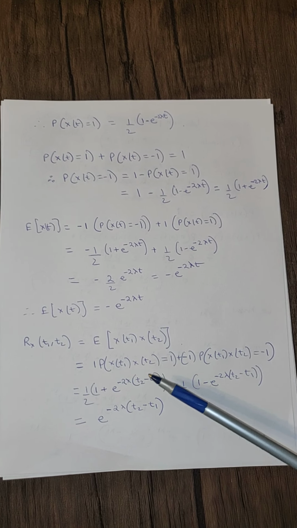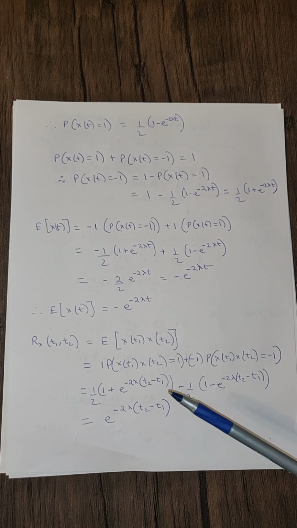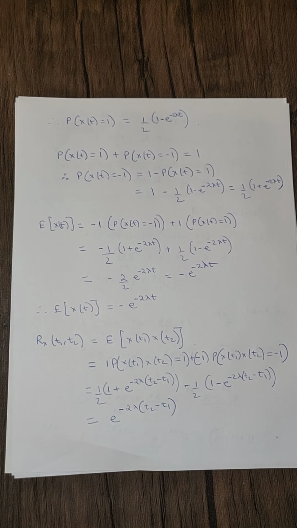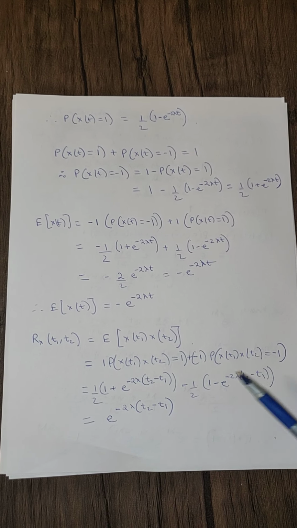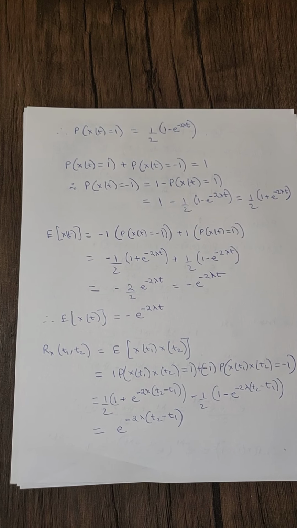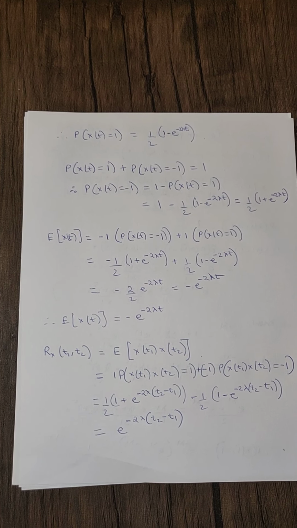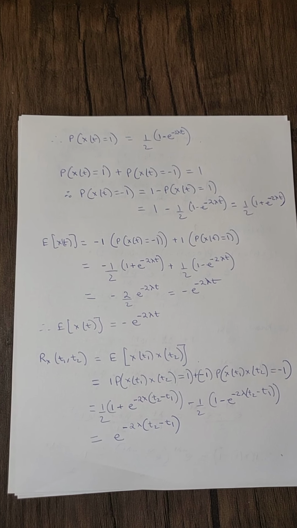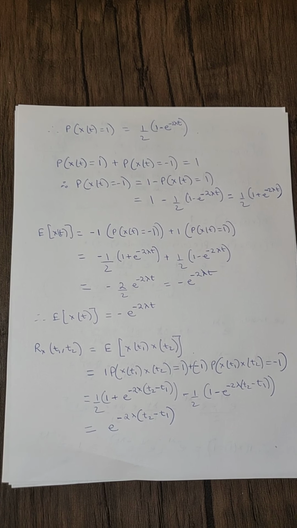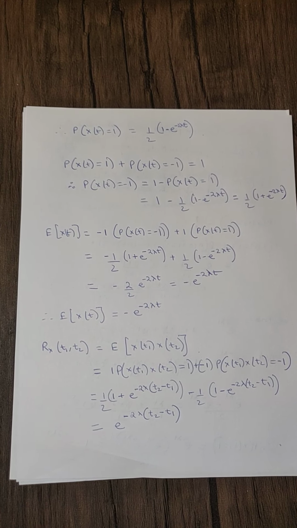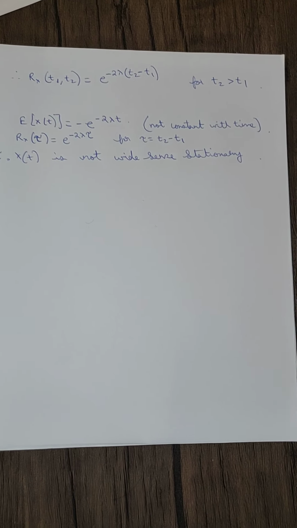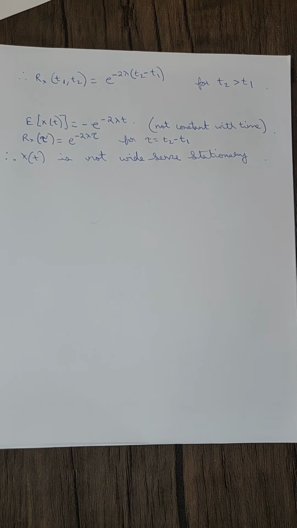Therefore, substituting t2 minus t1 in place of t in the Poisson expression, we get 1/2 times (1 plus e^(-2 lambda (t2 minus t1))) minus 1/2 times (1 minus e^(-2 lambda (t2 minus t1))). Simplifying, we get e^(-2 lambda (t2 minus t1)). So the autocorrelation R_X(t1, t2) equals e^(-2 lambda (t2 minus t1)) for t2 greater than t1.